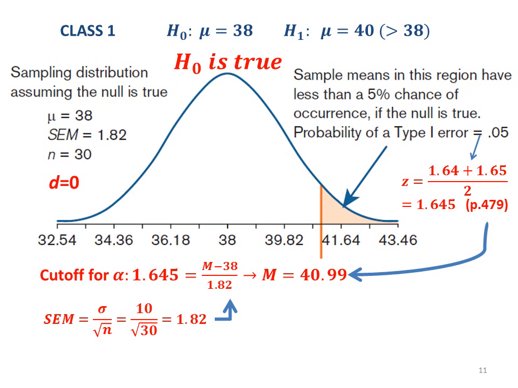And that is our alpha error. It's also called a type 1 error. That's to reject the true null hypothesis. And this pink area is also called rejection region.